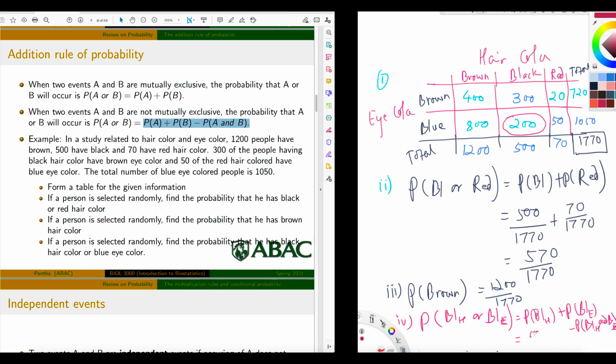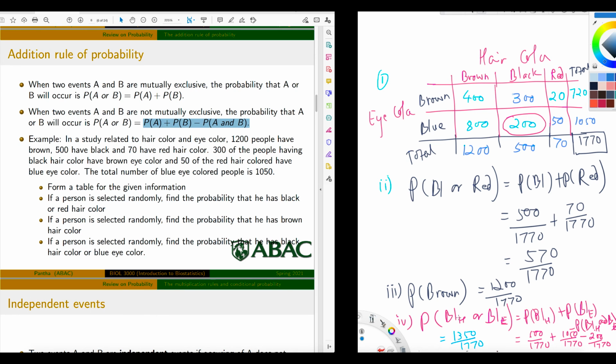It is 500 over 1770, plus blue eye is 1050 over 1770, minus black hair and blue eye is 200 over 1770. You see that? What do you think the answer is? 500 plus 1050 is 1550, minus 200 is 1350, right? Equals 1350 over 1770.